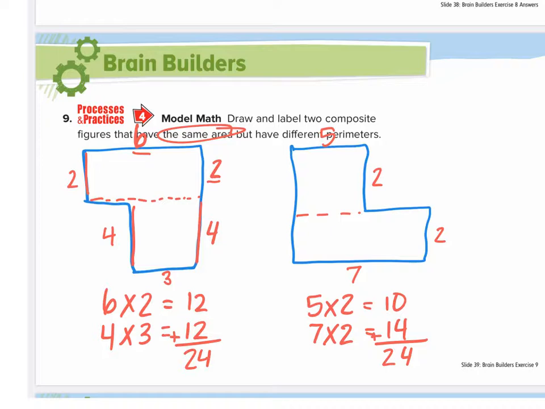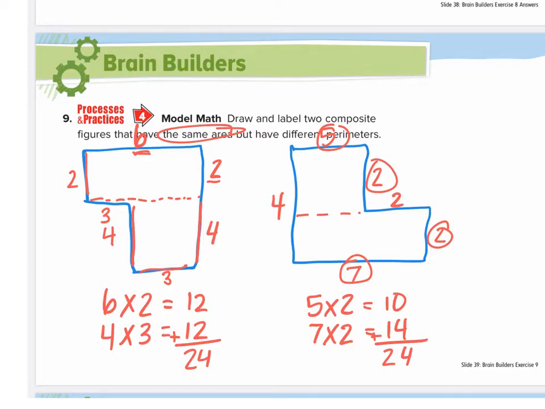And then 6 minus 3 is 3. So now I think we have all those sides labeled. And then 2 and 2 add up to be 4 for this whole side length. And 7 minus 5 is 2 for this side length. And now we have all of those labeled.